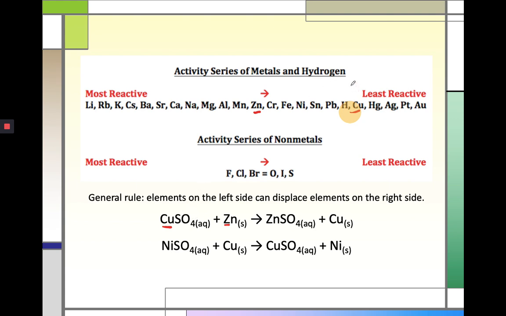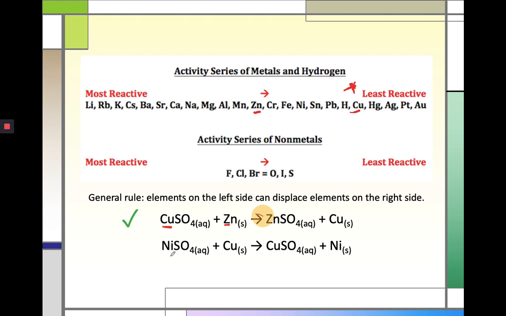Take note that copper is your reference element, and since zinc is right before copper in the activity series, this reaction can happen. So zinc can displace copper, or zinc can substitute copper, okay? Or zinc can marry the sulfate ion and push away copper.